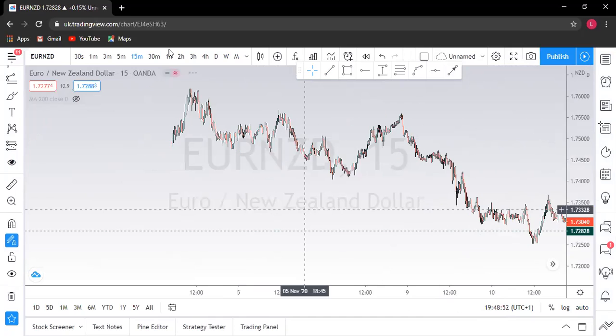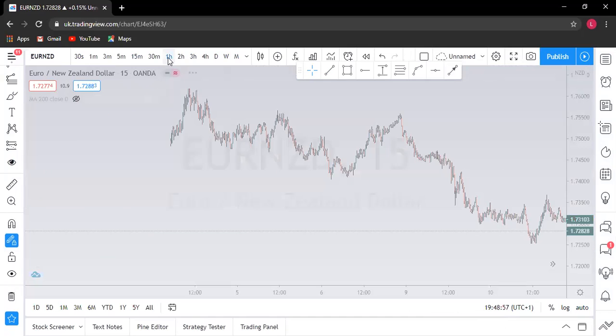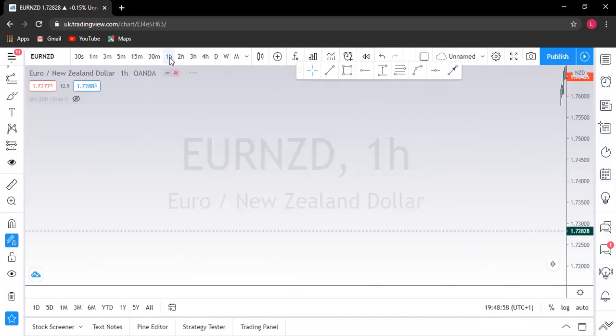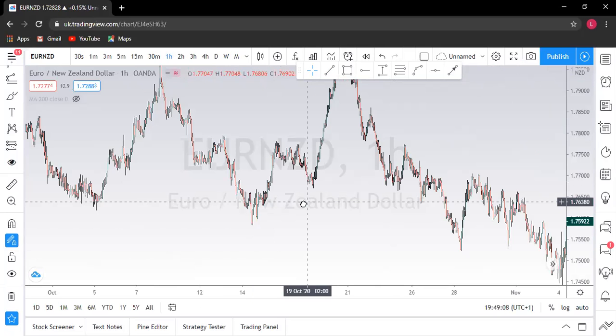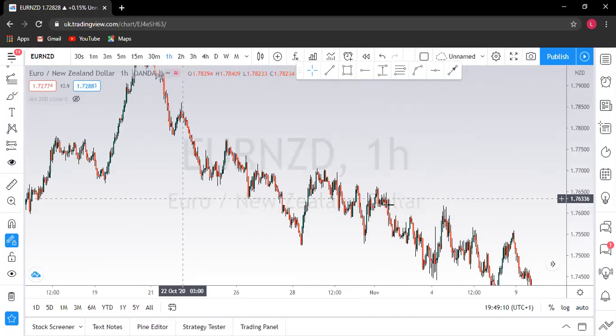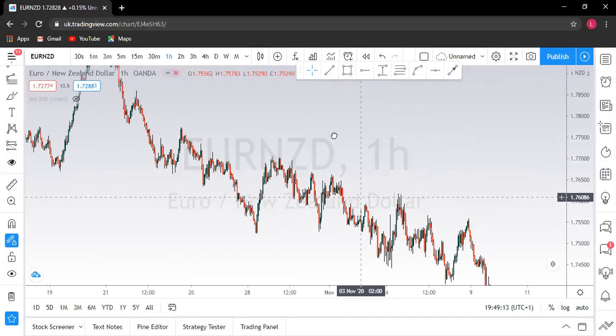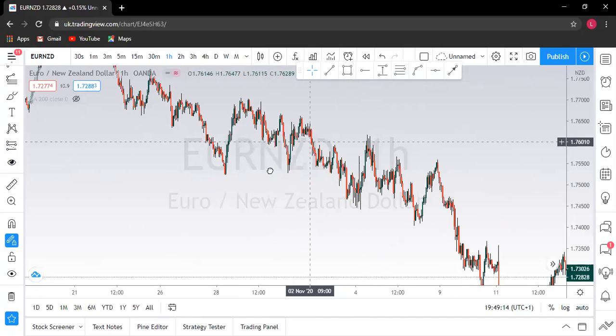So let's go to the 1 hour on Euro NZD. Let's change the time frame for you to see that it actually works on all time frames and different currency pairs. If you look at it very well, Euro NZD has been on a downward trend, right?